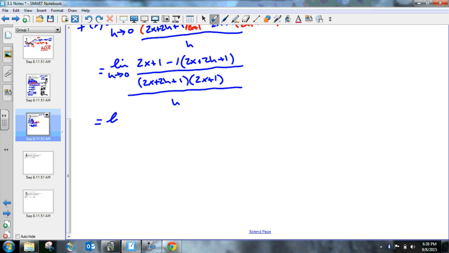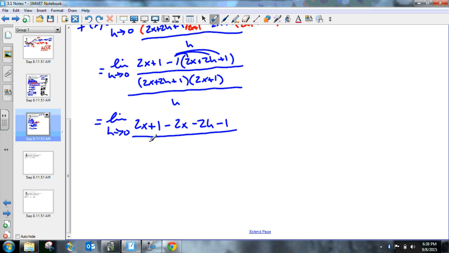So I get the limit as h approaches 0. Let me distribute my negative here, and then let's see what happens. I get 2x plus 1 minus 2x minus 2h minus 1. Oh, look at that, folks.